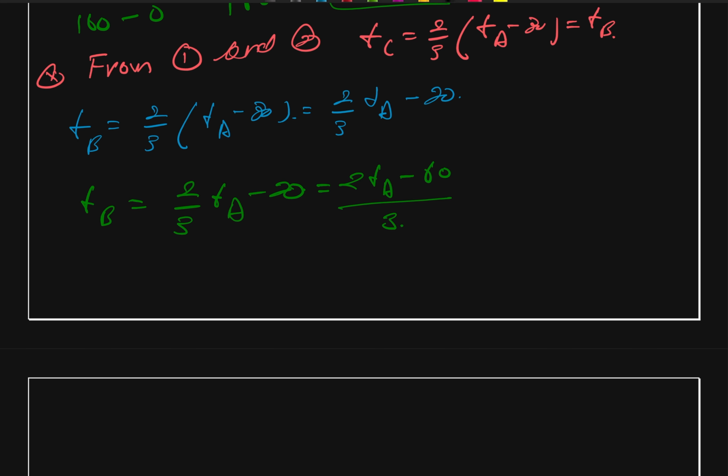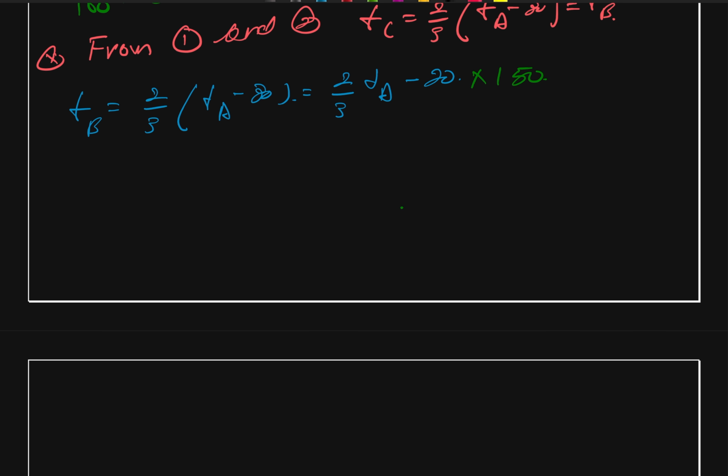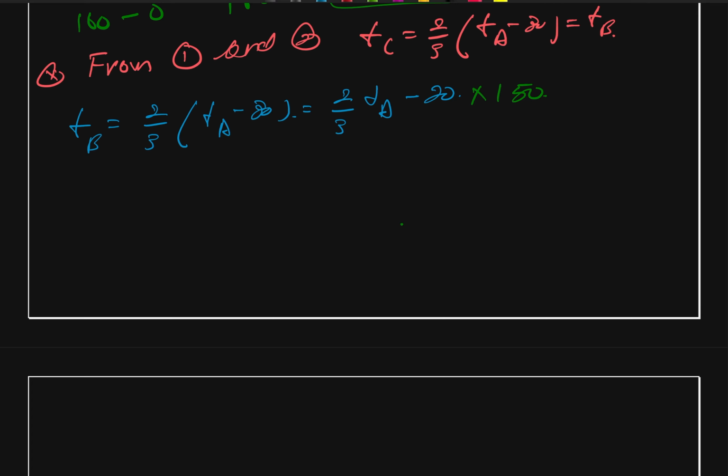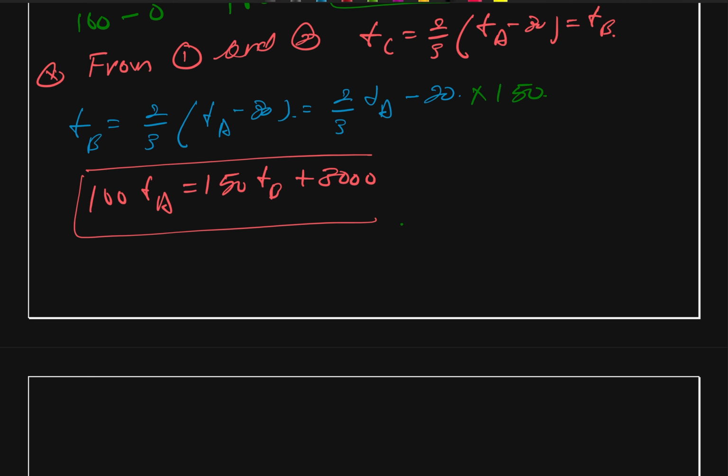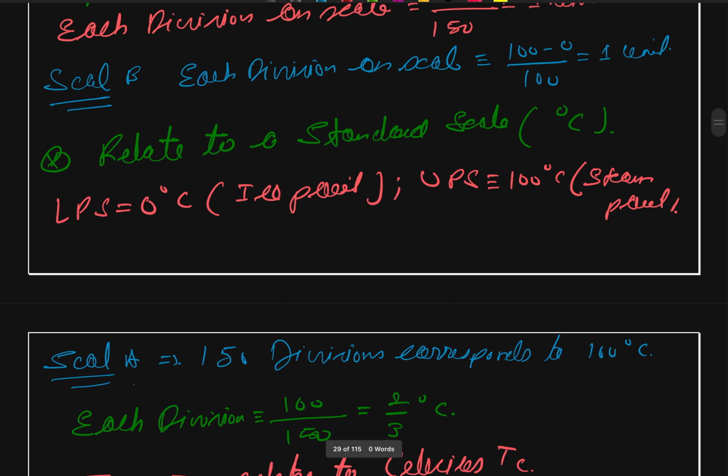One second, let me solve it again. So I multiply it by 150, and from here we get that our 100 times TA is equal to 150 times TB plus 3000. And let me take the options one by one and we try to sort it out.